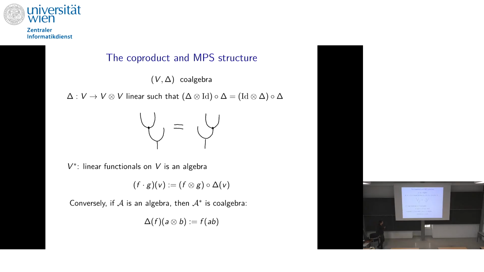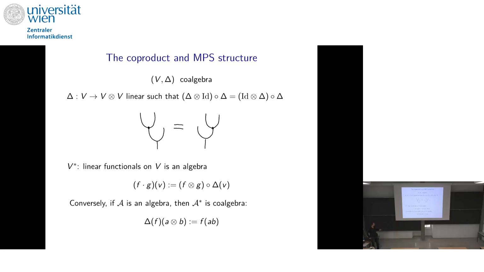Okay, it's also true conversely. If we start from an algebra and we take the linear functionals acting on the algebra, that structure will form a coalgebra structure. Indeed, I can define the coproduct of a linear functional by its action on the tensor product of two algebra elements.